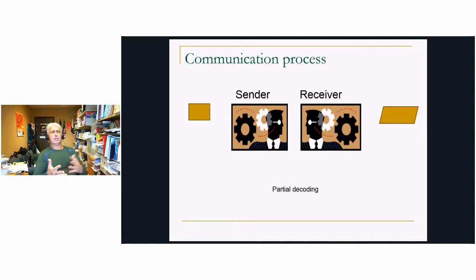A partial decoding can also take place if you give a text on nuclear power plants to a 10-year-old. He or she would be able to read the text, letter by letter, word by word.